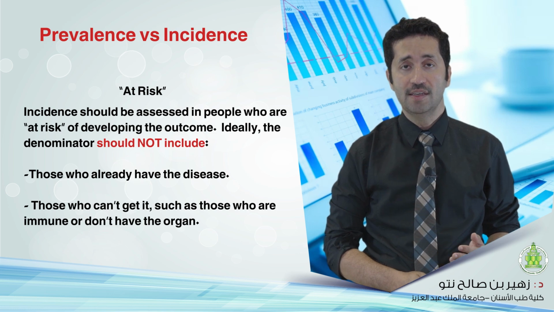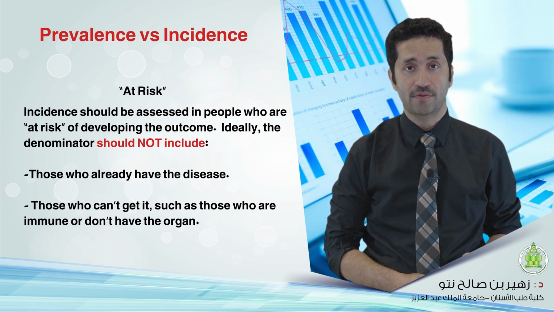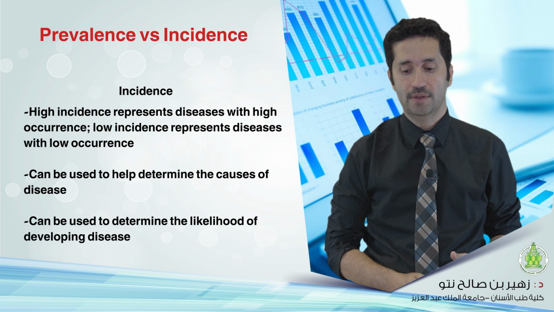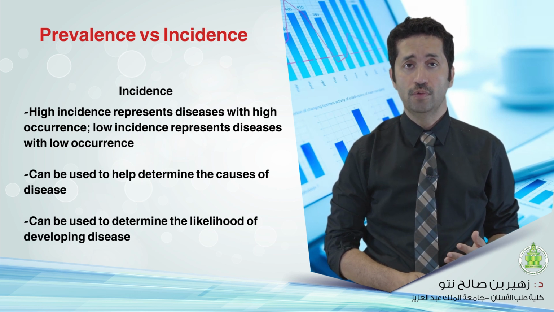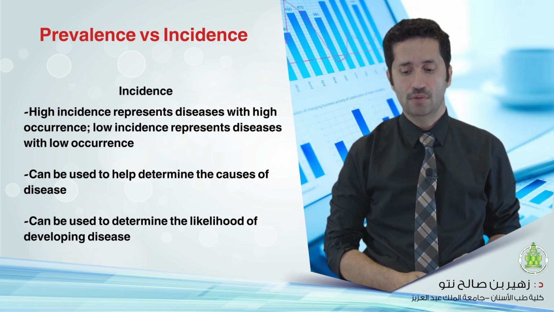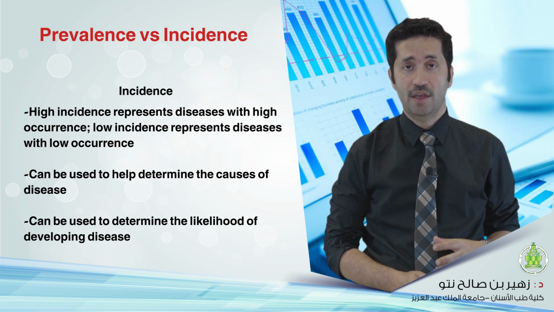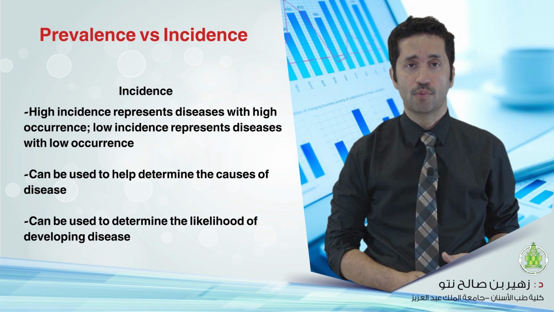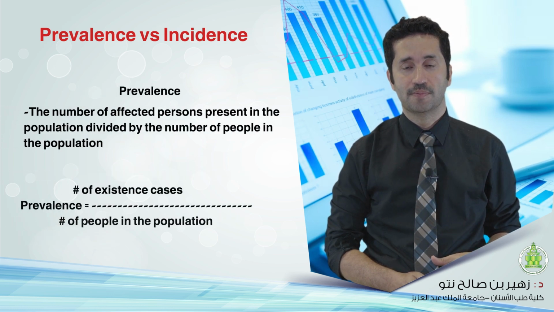When we have high incidence, it means the disease is active because new cases are coming. It always helps us determine the cause of the disease and also know the risk associated with the development of the disease. On the other side, we have prevalence, which is the existing cases.